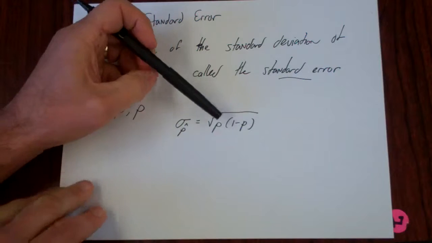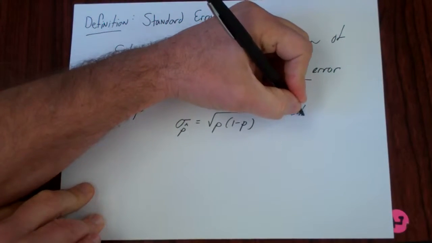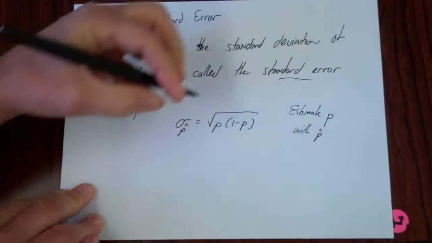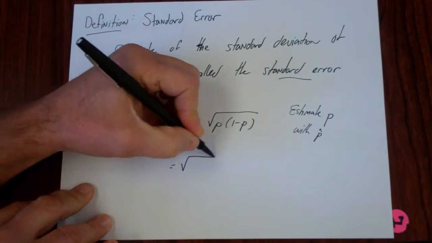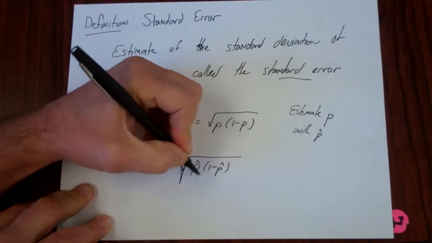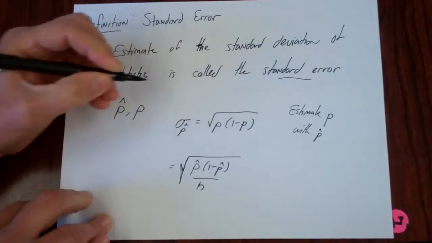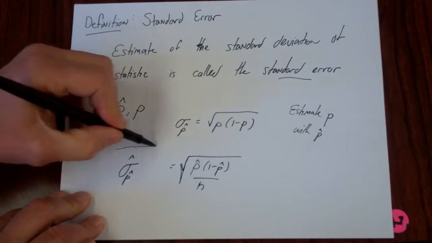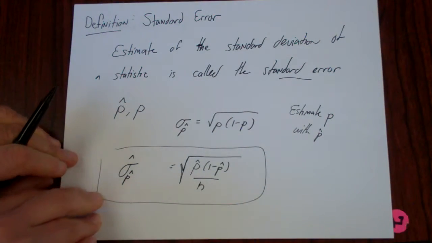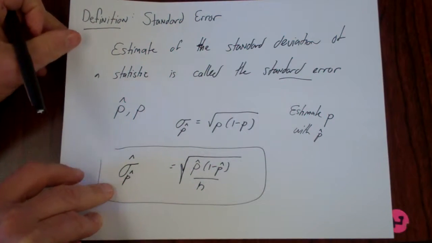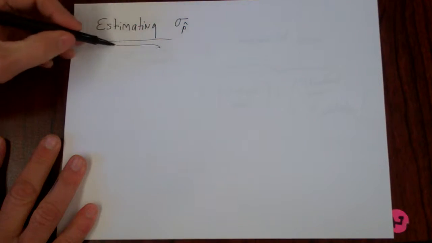So if we have to estimate p with p hat, then we get the square root of p hat times 1 minus p hat over n. We could use notation like sigma p hat, hat, but that's kind of clumsy, so we simply call this number the standard error of p hat.